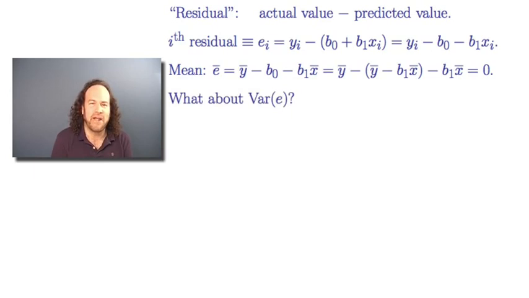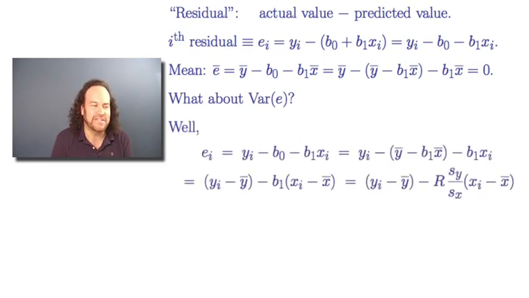Now, what about the variance of these residuals, these ei's? This turns out to be quite an important calculation. So we say, what's the variation in these ei's, the amount that's left over after we do our line of best fit? Well, to do that, we need to do a little more algebraic manipulation, which I know you love so much. So we'll start out, here's the definition of ei.